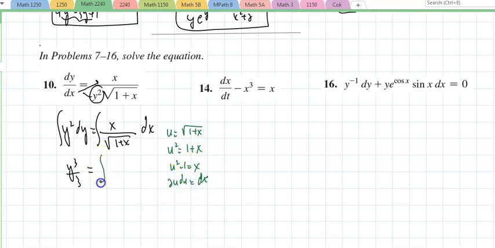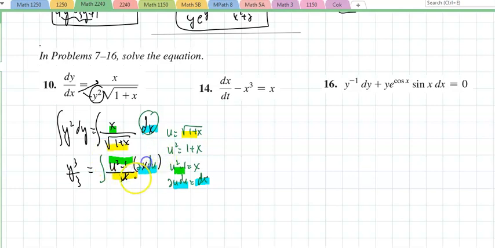So that will be the integral of 2u du, that's this. I should have given it a bit more space. 2u du, that would be this. This is right there, and x is actually u squared minus 1.